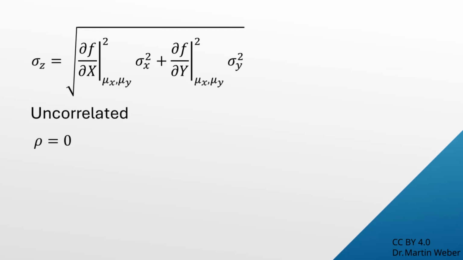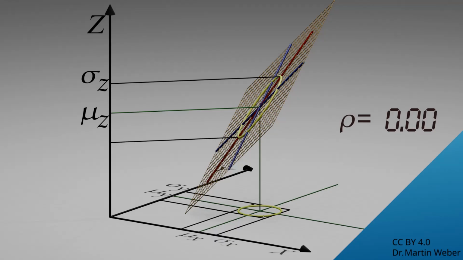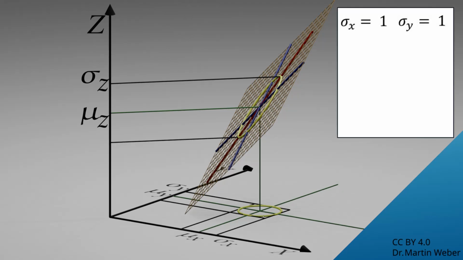Let's look at some special cases. In the uncorrelated case, the equation structure cannot be further simplified. In the displayed normalized case, the ellipse is a circle and the radius is 1. The standard deviations are also 1, and the slope of the tangents is 1 each.